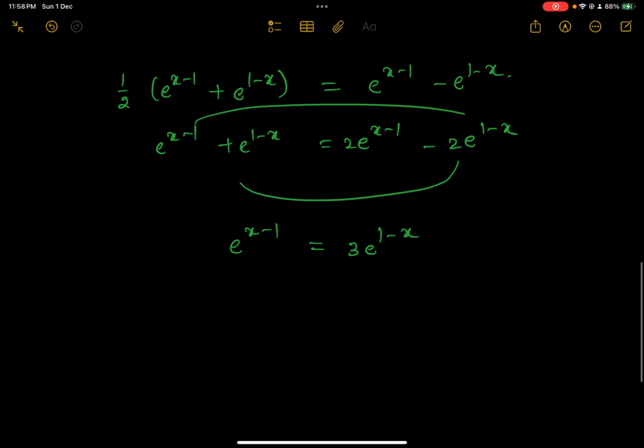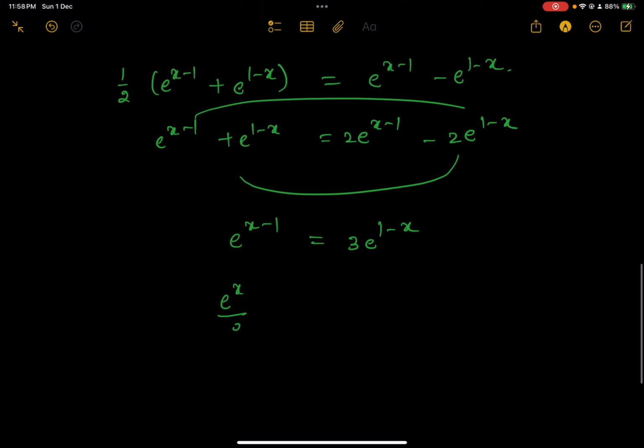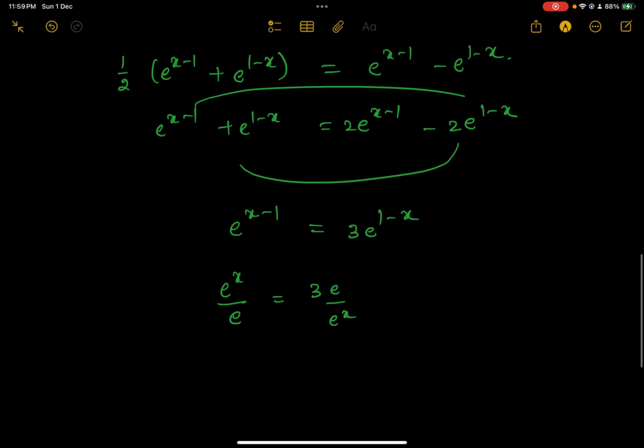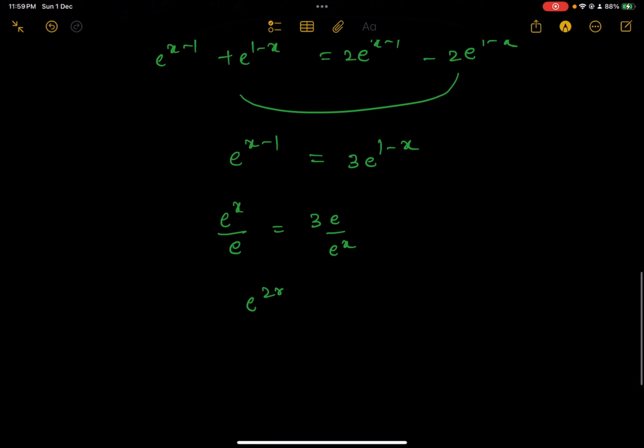We have to find out the value of x at which it intersects. So this is e power x by e equal to 3e by e power x. So e power 2x is equal to 3e square.